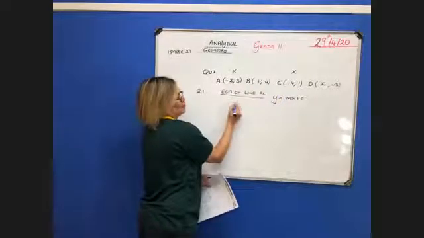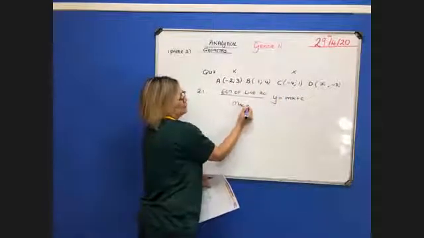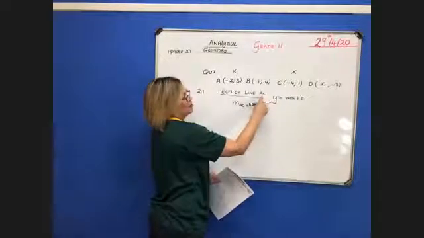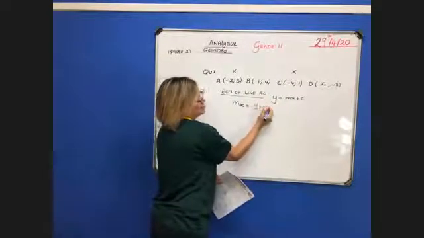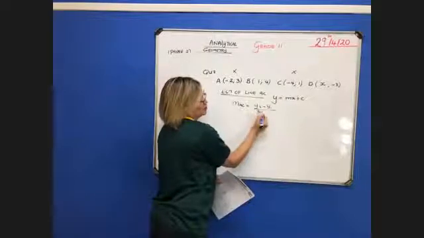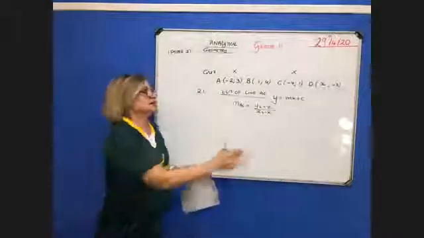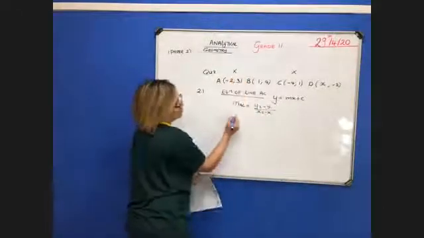Do you remember you get the gradient of the straight line if you have 2 coordinates, A and C, that lie on the line, by taking the difference of the y of the coordinates divided by the difference of the matching x values of the coordinates.